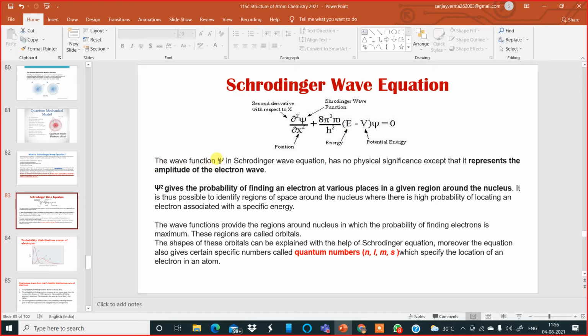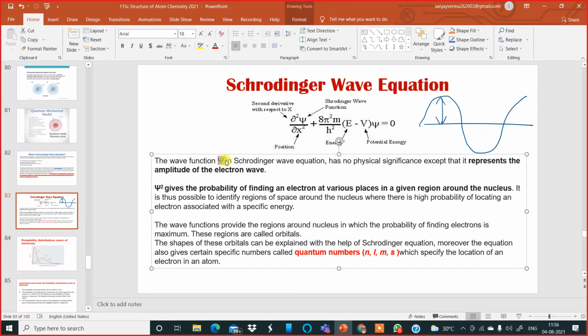Psi square is another function obtained by double derivative. Psi square has no physical significance, except that it represents the amplitude. You know the meaning of amplitude: if there is a wave, this is the amplitude. This amplitude is obtained by using this wave function, which is called psi.